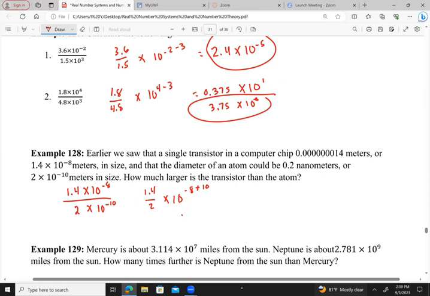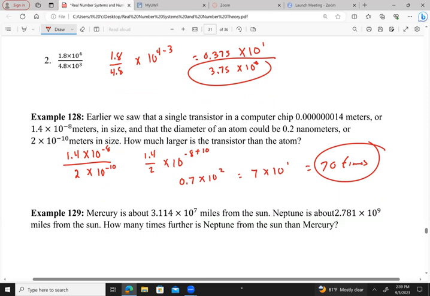So I have 0.7 times 10 squared. We move it one place, and I have 7 times 10 to the first, which would be 70. Don't know, 70 times. I think that's what it's looking for.